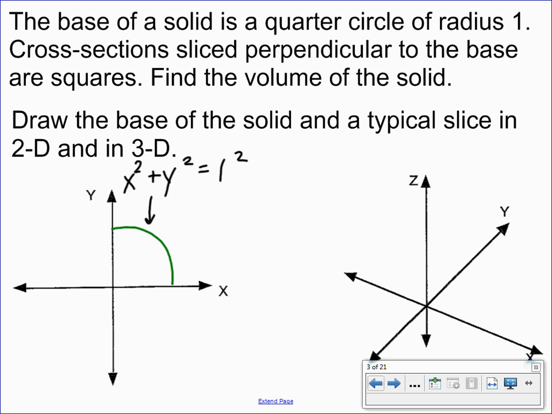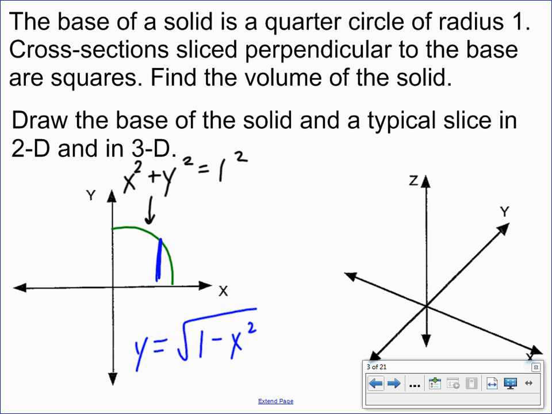Therefore, this green curve, when solved for y, must be given by the plus or minus square root of 1 minus x squared. In this case, we're just dealing with this positive arc from this quarter circle that's above the x-axis. And so let's go ahead and let our equation y then equal the square root of 1 minus x squared.